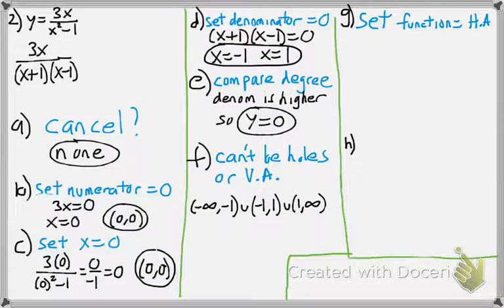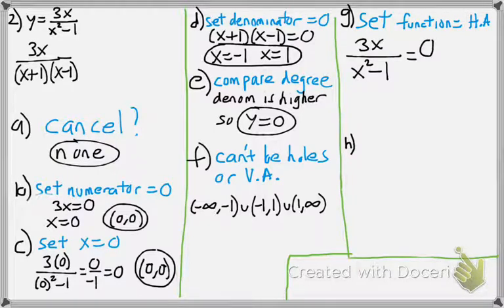So then for part G, this is, does it cross the horizontal asymptote. So we want to set the function equal to the horizontal asymptote. So this will be 3x over x squared minus 1 is equal to 0.